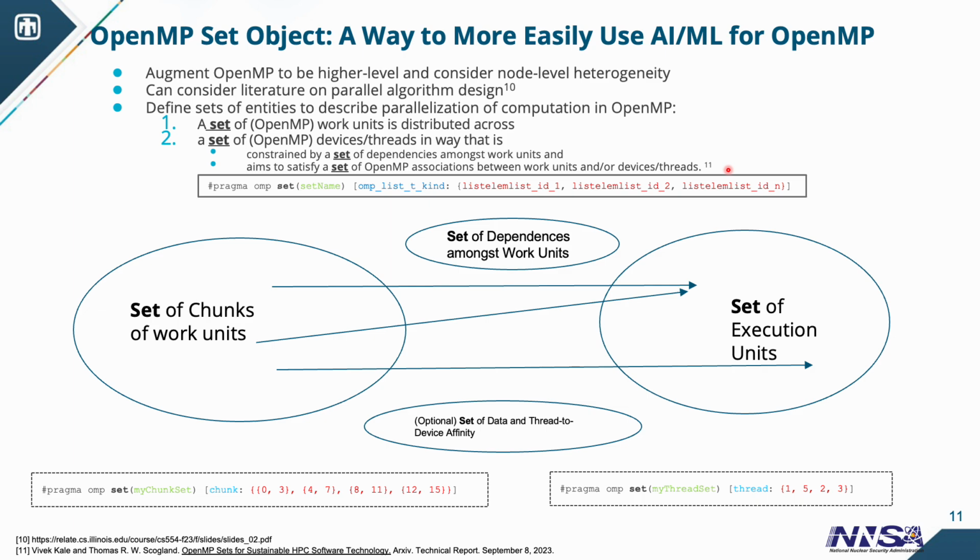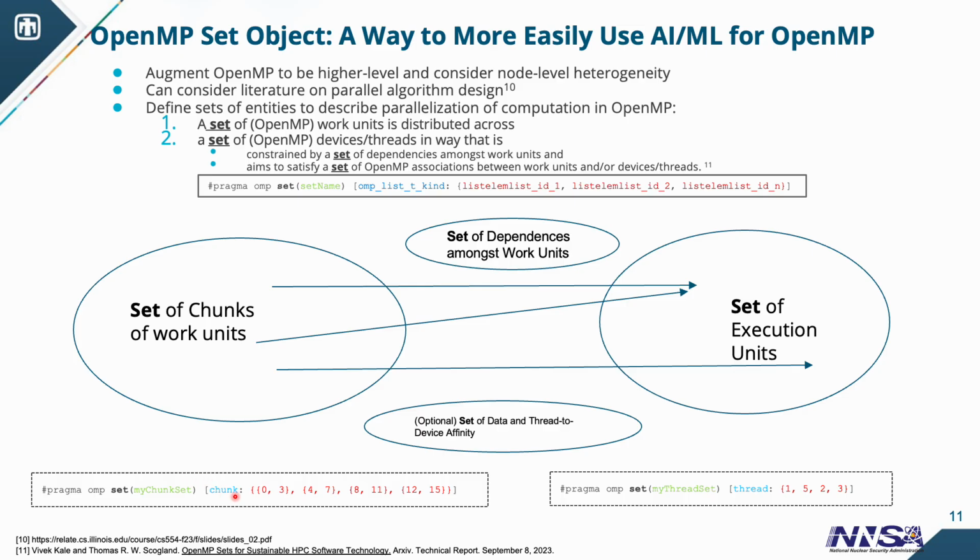Now, users or a machine can express sets programmatically in OpenMP as shown here. So with this set interface, you can then define a set of chunks or work units in this way here.